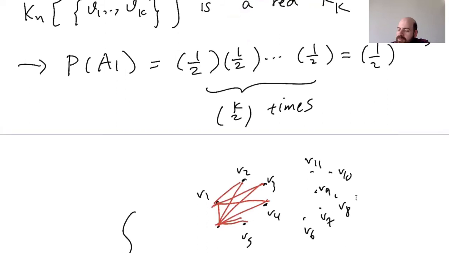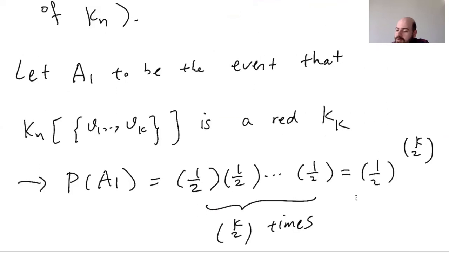So P of A1 is 1/2 to the power k choose 2, and A1 was the event that Kn of this subset is a red Kk.